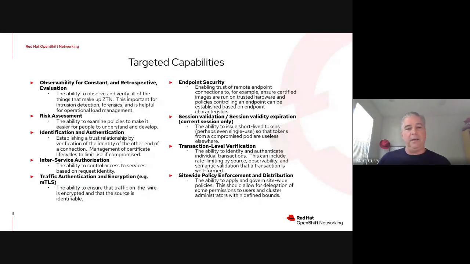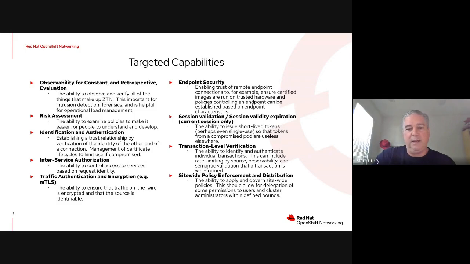So what are the targeted capabilities? I'm sorry, I didn't mean to turn this into an eye test here, but just at a high level, these are the things that we're initially targeting for our first sort of documentation effort of approaching zero trust networking. This is absolutely not an exhaustive list of things.